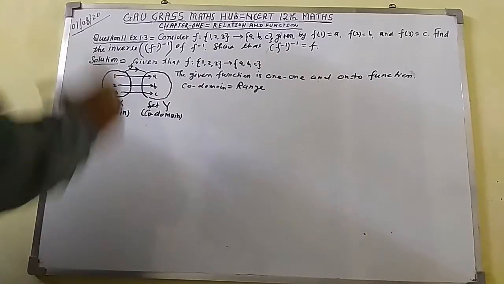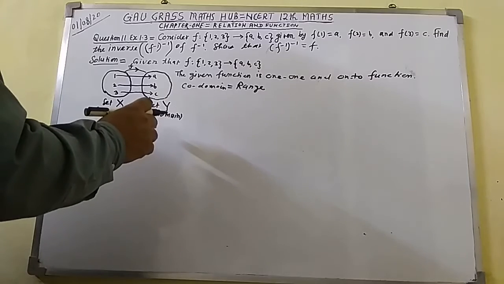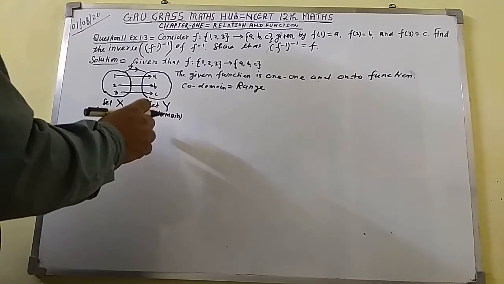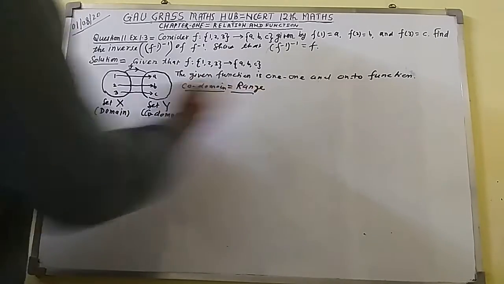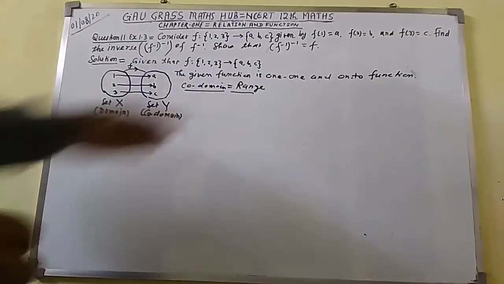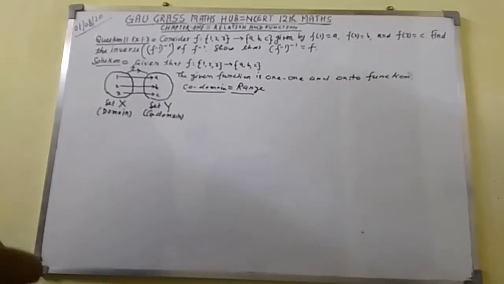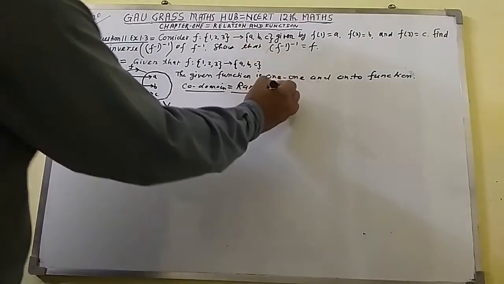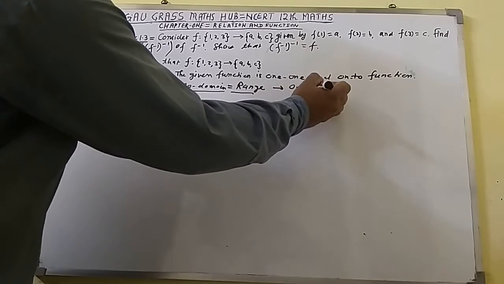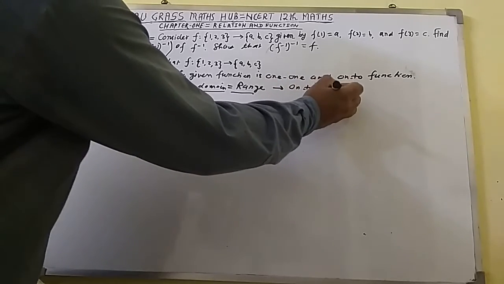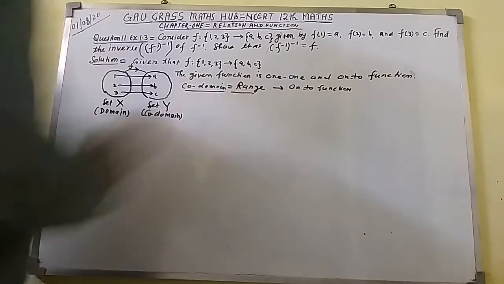Codomain set Y has been termed as range. So codomain equal to range, that's why this function is an onto function.